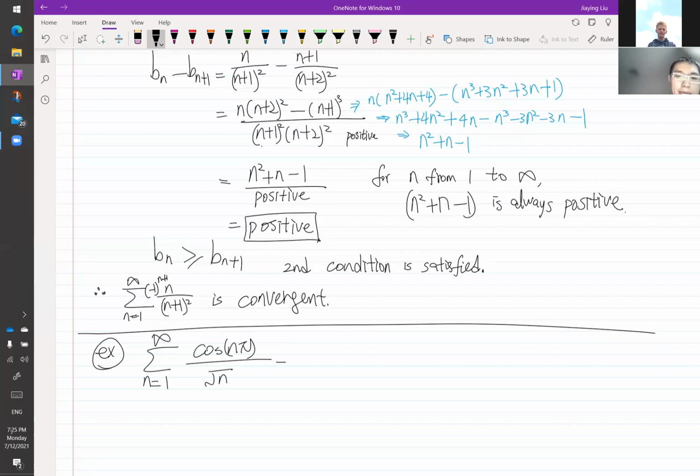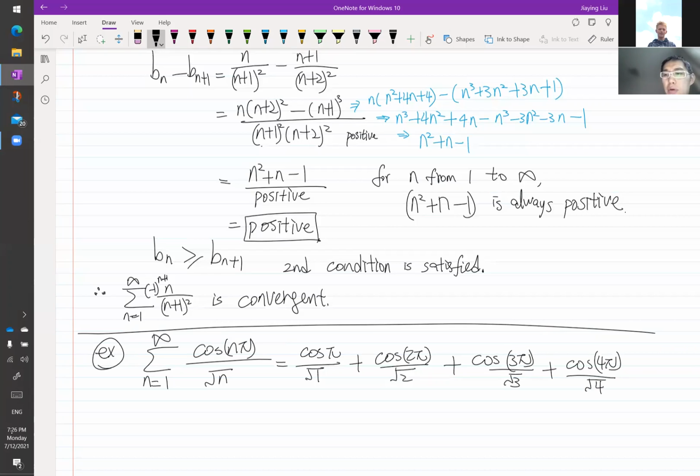But if you expand it, it actually has the alternating sign, because if we put 1 there, we get cosine pi over square root of 1. If we put 2 there, we get cosine 2 pi over square root of 2, and then cosine 3 pi over square root of 3, and then cosine 4 pi over square root of 4.